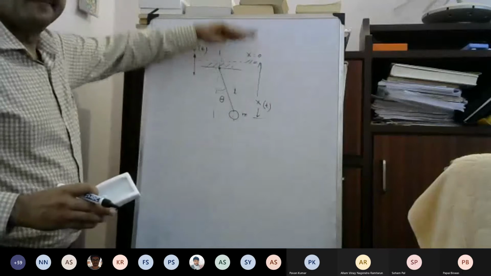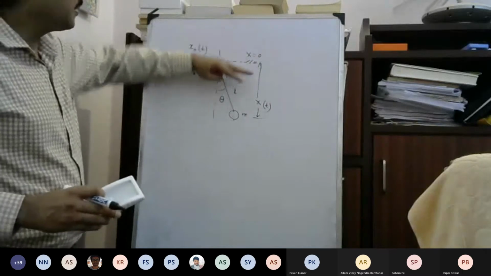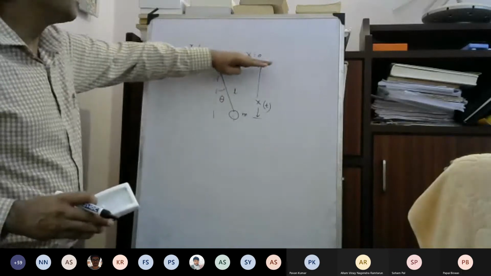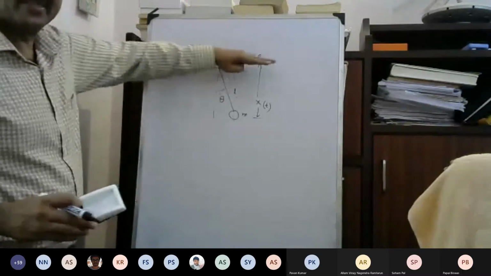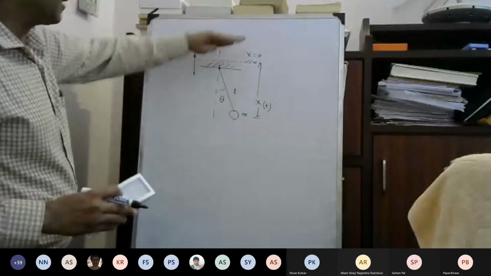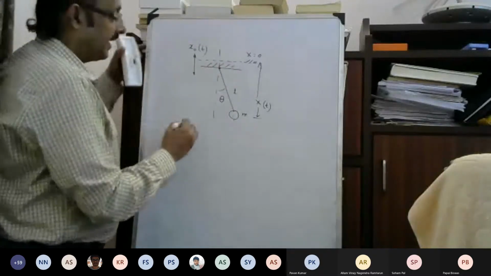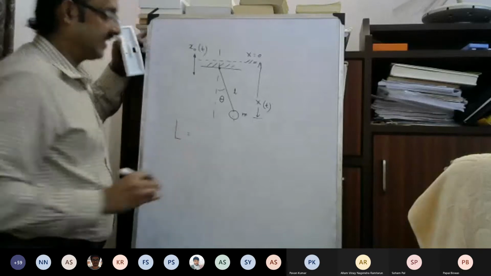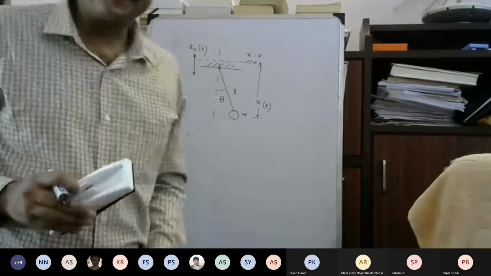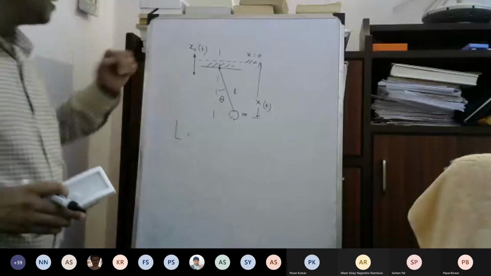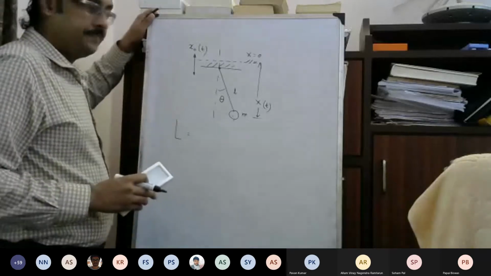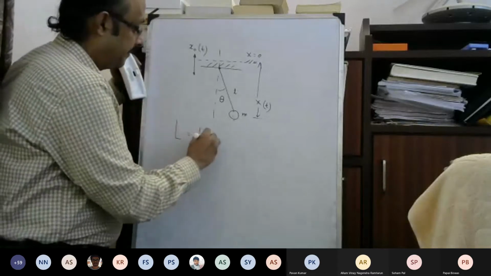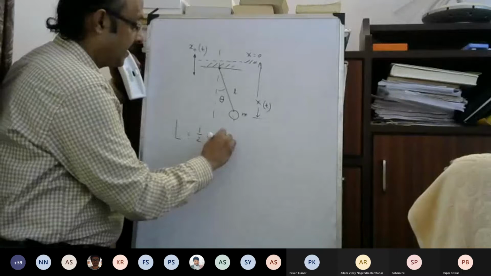The base is moving, but this is a fixed reference point, a fixed reference frame. I need an inertial coordinate frame. So x equal to 0 is a fixed line, and the base is moving with respect to that line. Fine. I need to know the Lagrangian function, so therefore the kinetic energy. What will be the kinetic energy? Half m v squared, right?